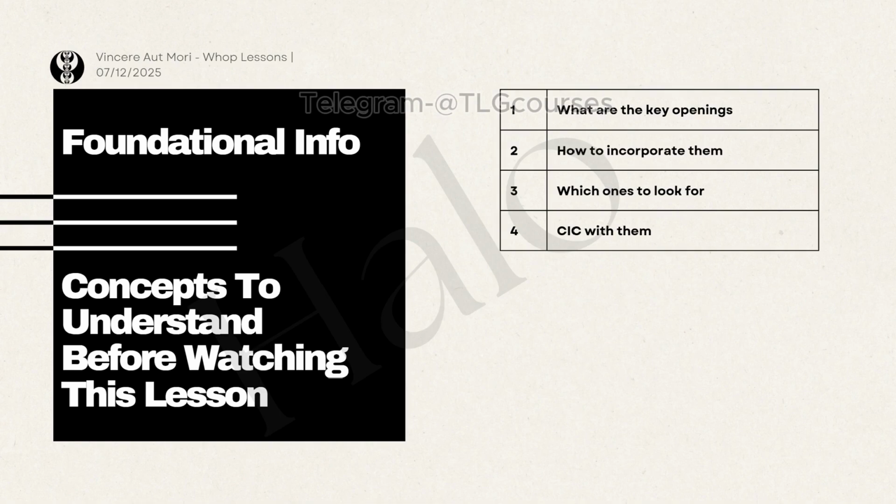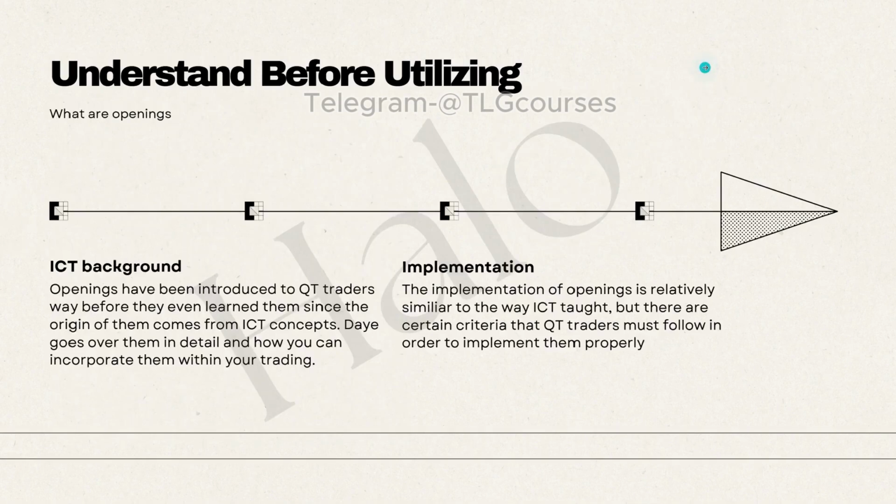We're going to be going over a very important concept regarding true opens. So understand before utilizing: what are openings, right? The ICT background. A lot of you guys who are looking to trade quarterly theory or who are just starting off may or may not know that openings derive a lot from ICT, right?